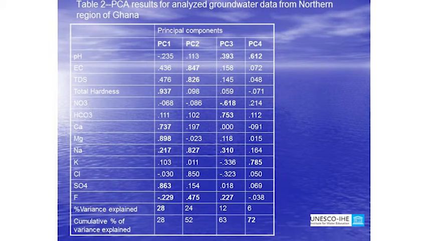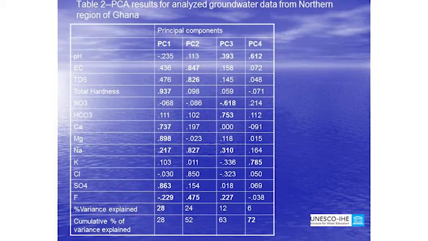Now, this is the result of the principal component analysis that I did. What principal component analysis does is to reduce data dimensionality. On this side are the original groundwater parameters, about 13 parameters, which were reduced to 4 principal components. It makes the data easier to interpret.